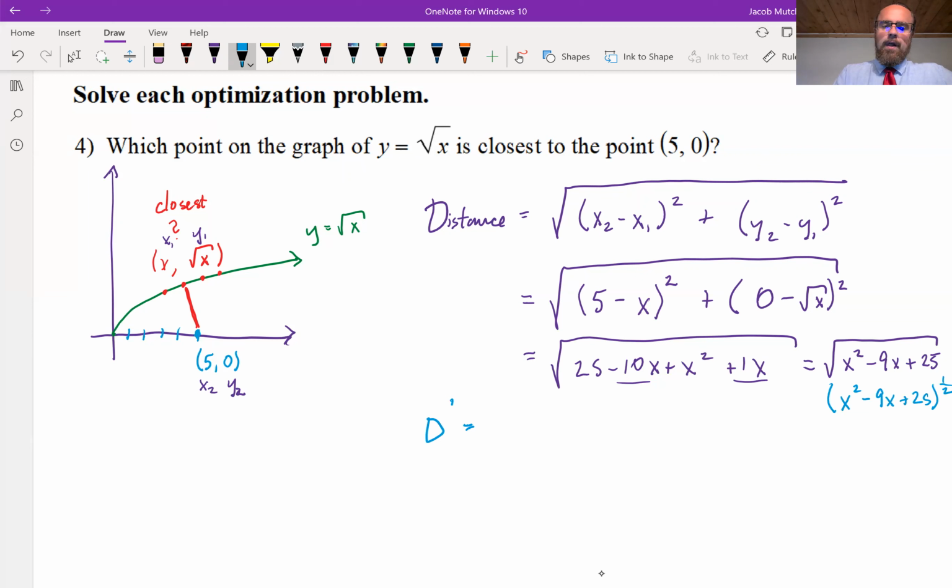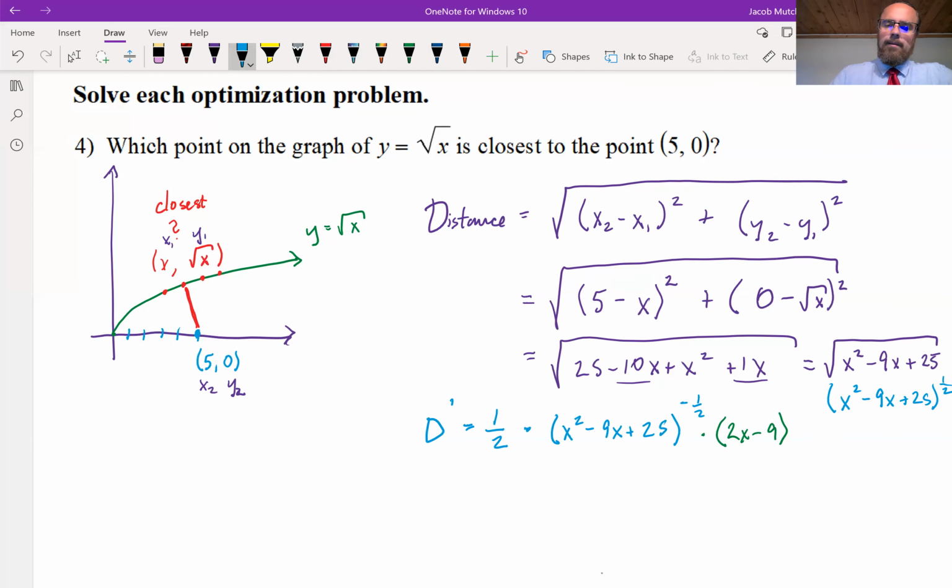So that helps me take the derivative. The derivative here is going to be half times the unchanged x squared minus 9x plus 25. And then half minus 1 is negative half. And then I need to use the chain rule to take the derivative of the interior. So that's going to be times 2x minus 9.